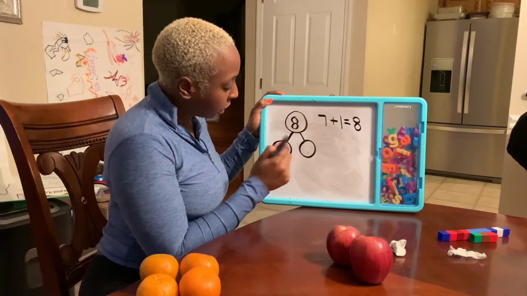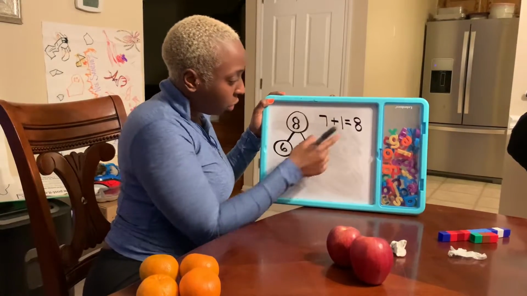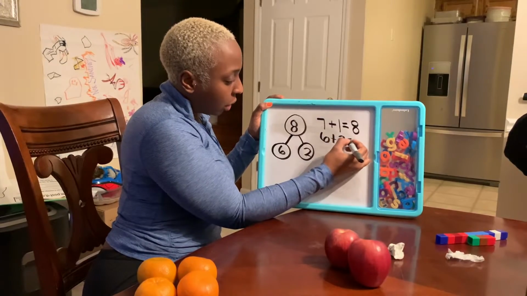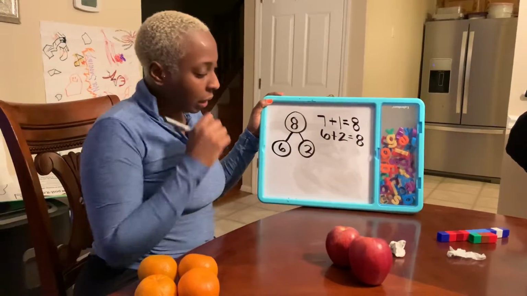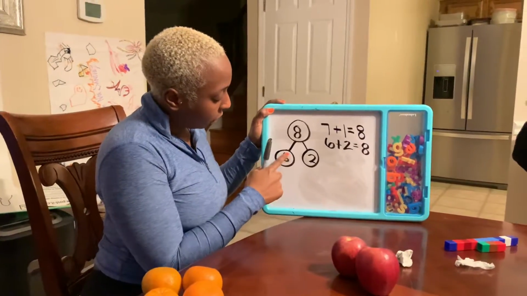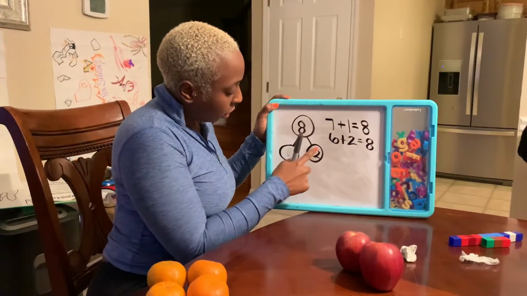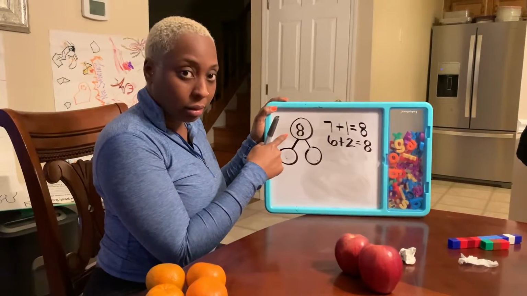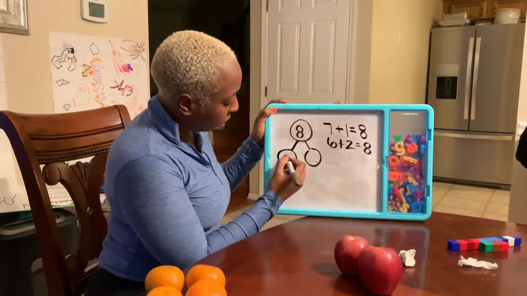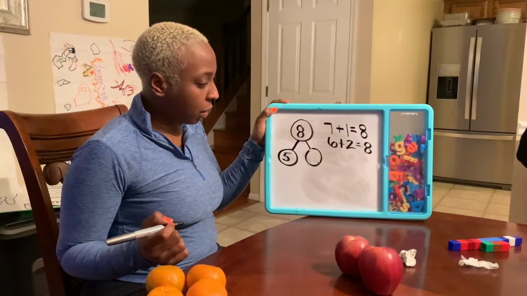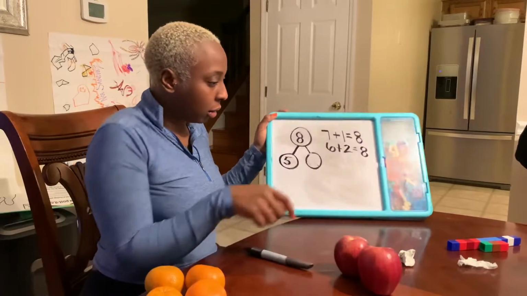So I have 6 and 2 gives me 8, and we can always turn that into a number sentence as well. Okay, and let's come up with one more number sentence for our number bond. Okay, we still have the same whole, friends. Our whole is 8. What if I put a 5 there? What number can I add to 5 to get 8?